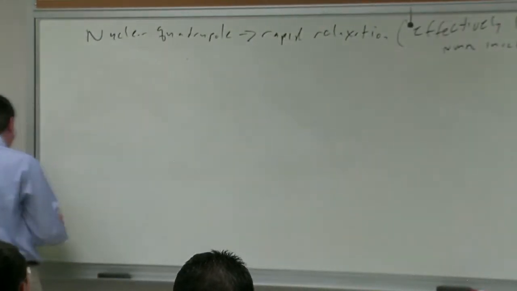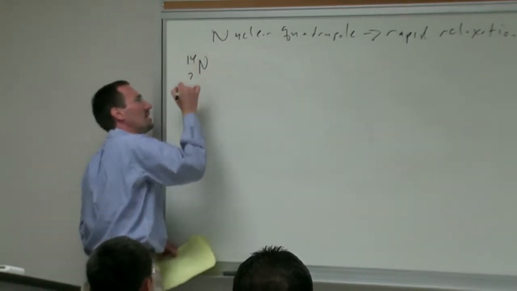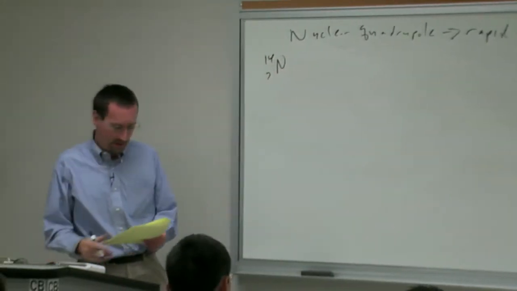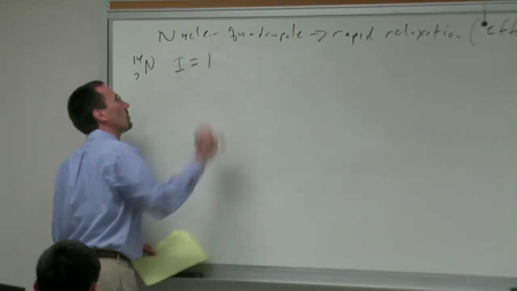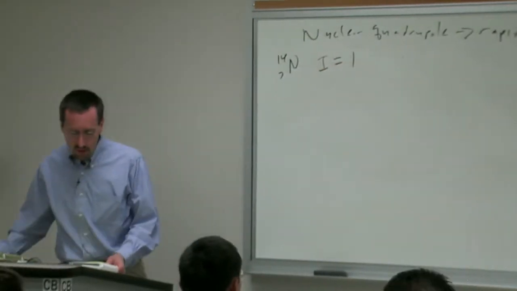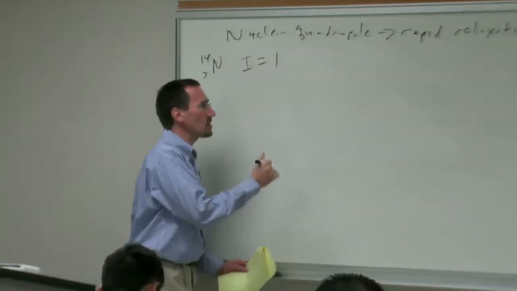Okay, so nitrogen 14 also has a nuclear quadrupole. It has a spin number of I equals 1. And so normally you have rapid relaxation.